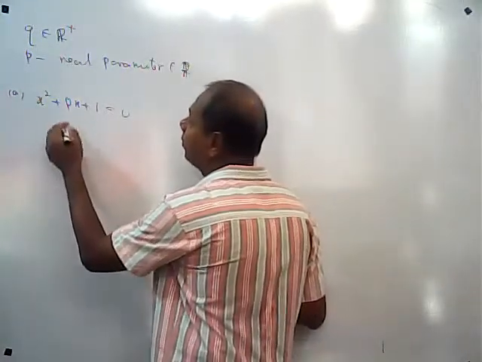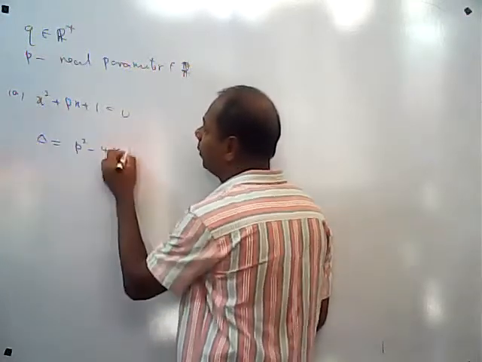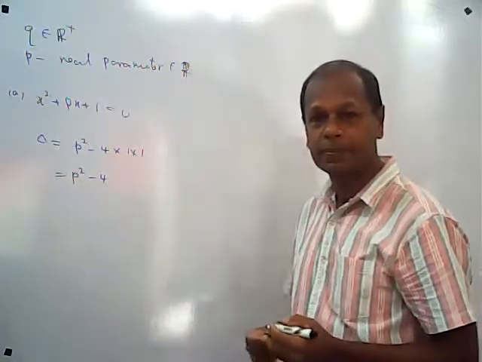Right. It depends upon delta. Delta is b square minus 4, a is 1, c is 1, so p square minus 4. This we discussed last day, right?